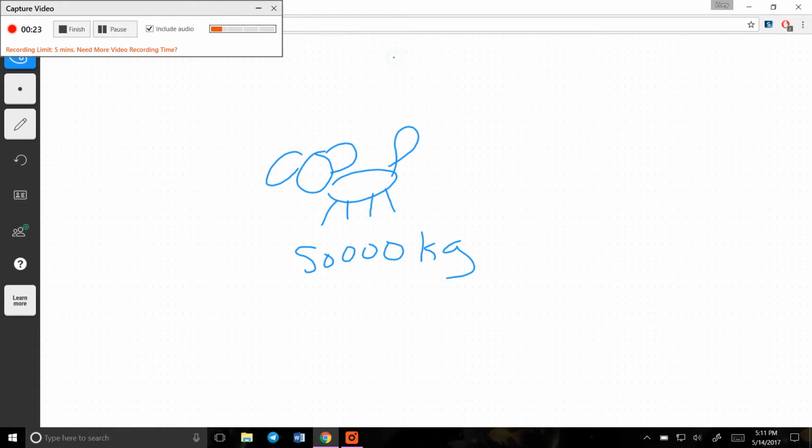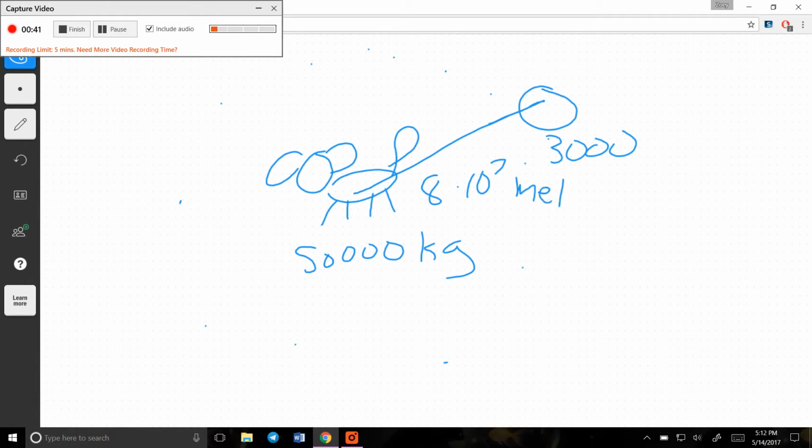And in a circular orbit around the puppy is a 3,000 kilogram tennis ball. The distance between the center of mass of the puppy and the ball is 8 times 10 to the 7 meters. So, what would be the total energy of this system?